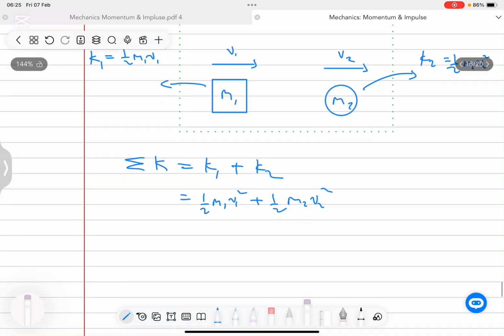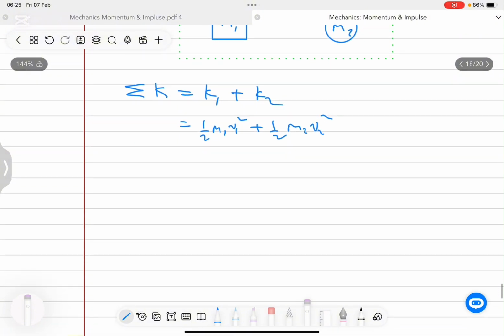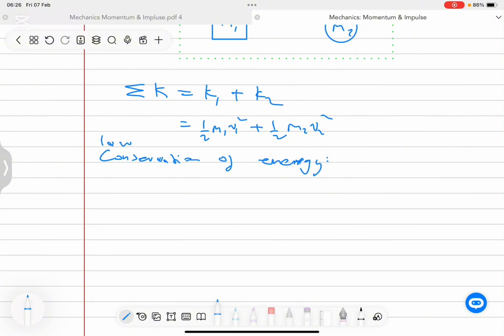The other piece of knowledge that we need to understand is a law that we call the conservation of energy, the law of conservation of energy.